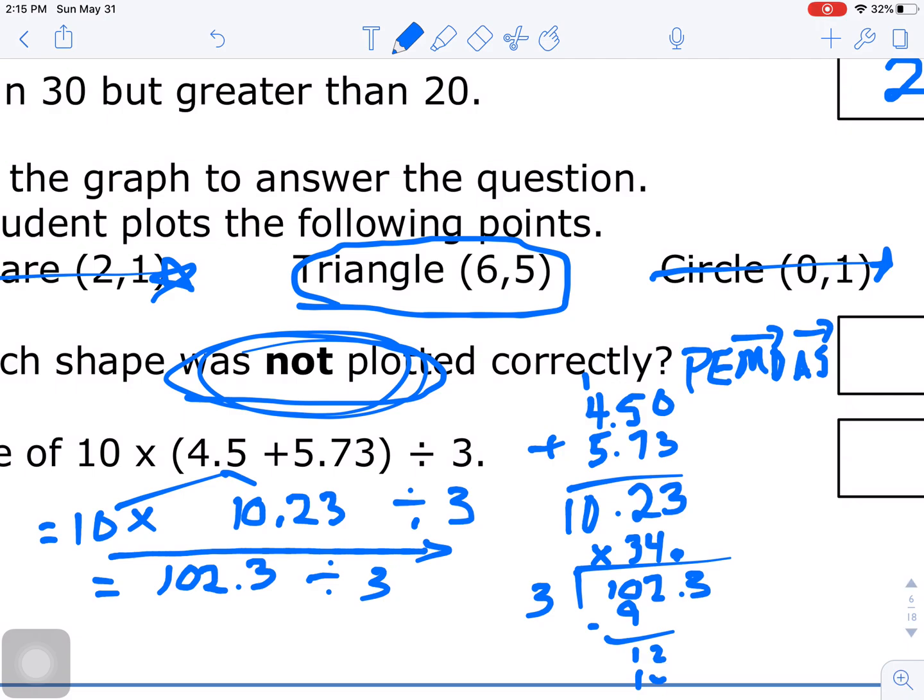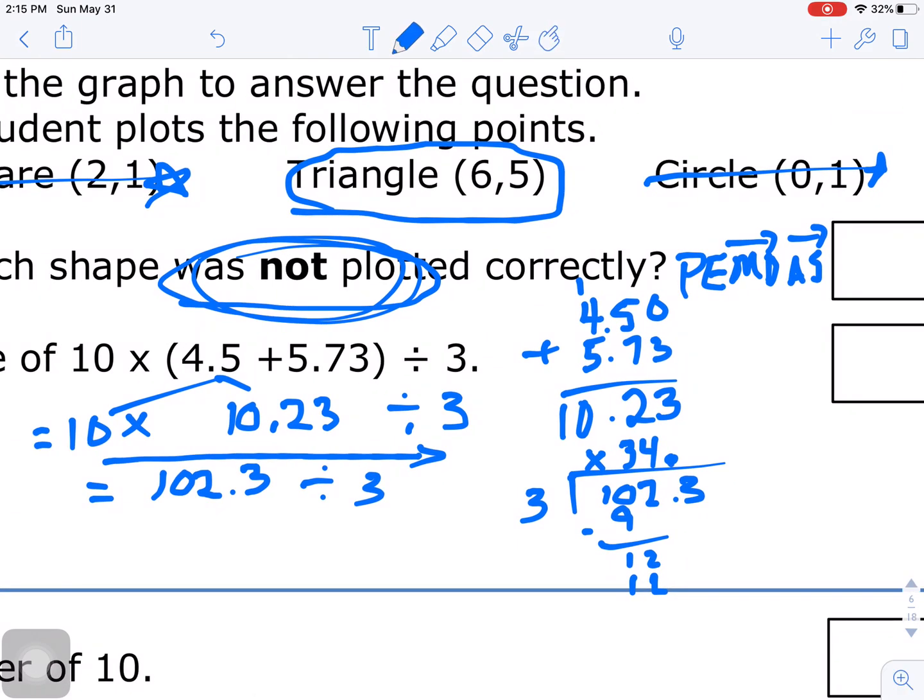Sometimes when I'm talking and writing, I kind of mess things up a little bit. I don't know if you guys are like that too. And then bring down the 3. 3 goes into 3 one time. And I'm left with the remainder of 0. So I have 34 and 1/10.